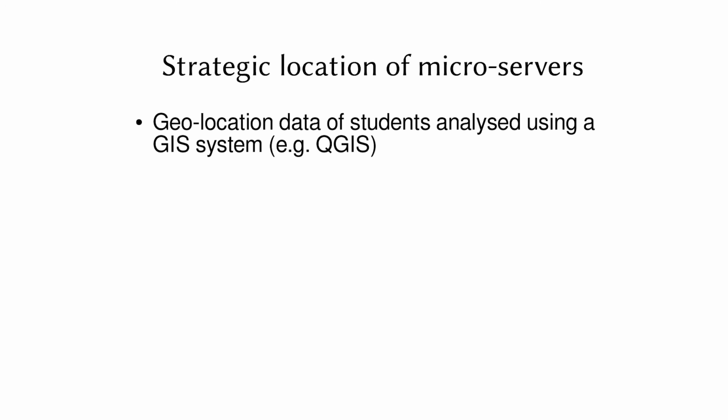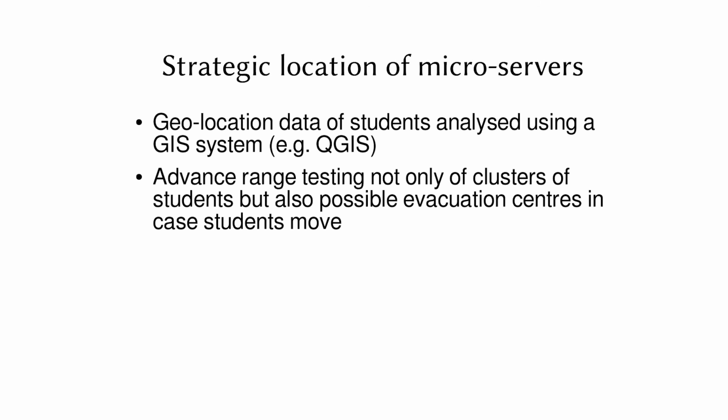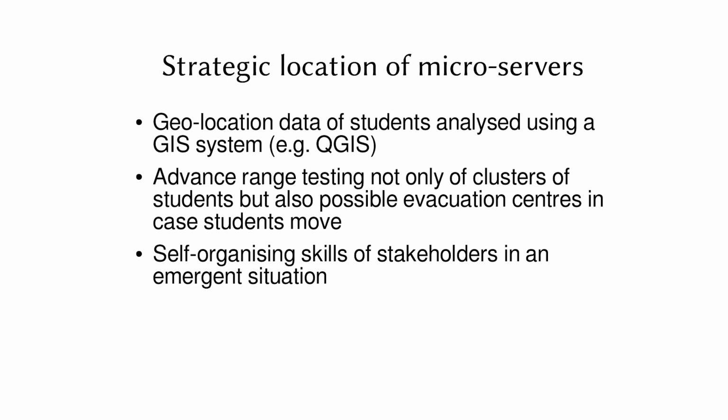To do this, it would be good to have the geolocation data of your students and analyze this using a geographic information system, for instance the open software QGIS, so that you can do advanced range testing of the clusters of students, and also possibly for evacuation centers in case students move away from their residence. And this will require some self-organizing skills of stakeholders in an emergency situation.